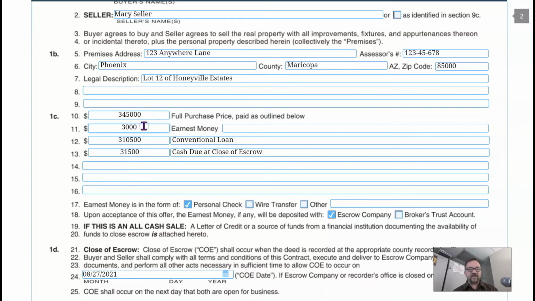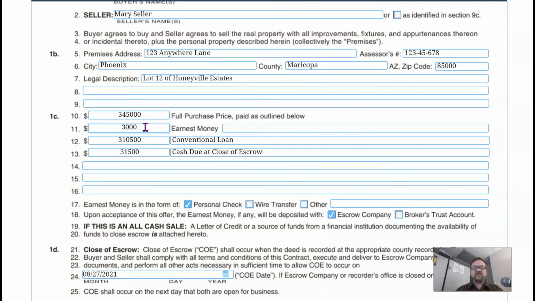Now, the earnest money, if the buyer closes, gets applied to whatever the buyer's costs are, including their down payment. So this number you see here at cash due at close of escrow is not necessarily going to be 10% of the purchase price, because they also have the $3,000 down. They knew they were going to have a closing cost.